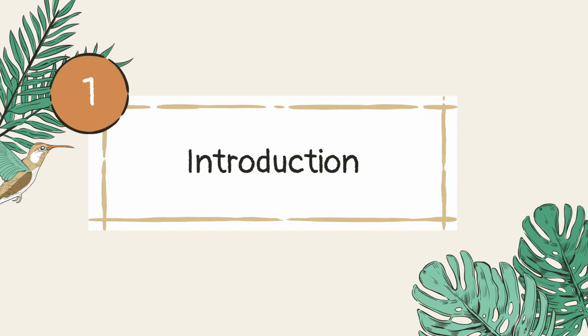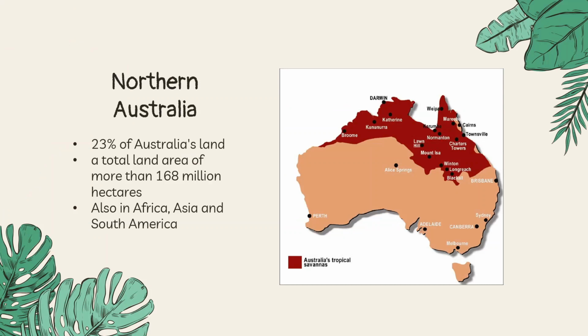Starting with the introduction, the Australian savanna is a biome in the north of Australia, which is spread over the top of Australia. The biome includes the northern section of Western Australia, the Northern Territory, and higher parts of Queensland. It makes up 23% of Australia's land.